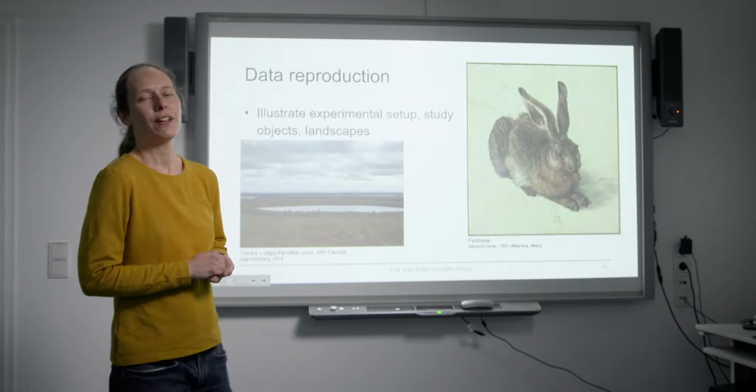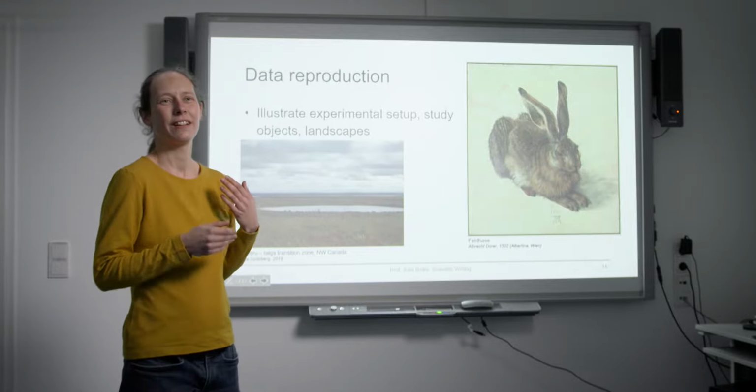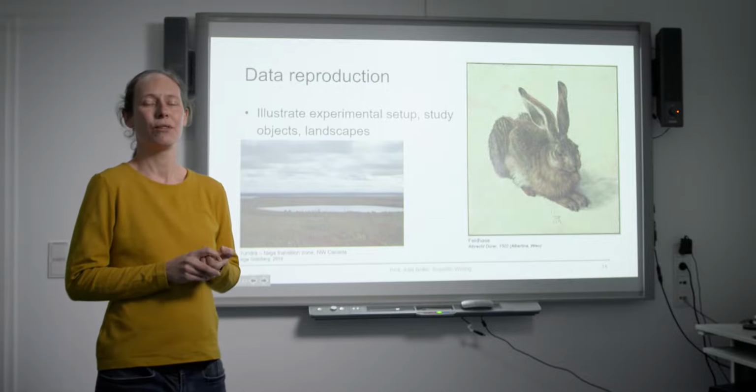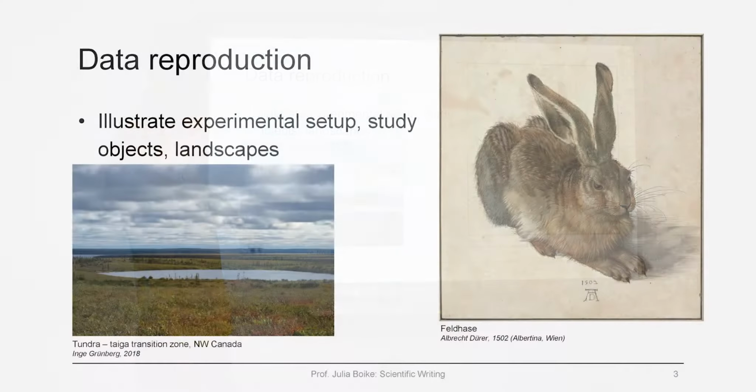So data reproductions are really very original material, no processing done before. So this is, for example, just a picture of my study site. So I work on permafrost landscapes in northwestern Canada. So this is a picture of the landscape, and you directly see a lot of things just from looking at the image.